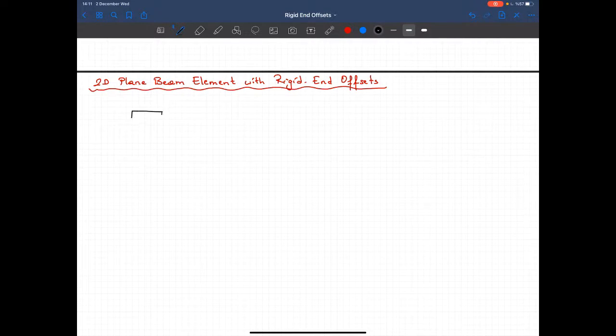So I have some portion of that new element as rigid. If it's at the start node, I will call the length bi. So at the middle I have a flexible portion, and at the end again I have a rigid portion. This is bj, and in the middle I have lf, which I call the flexible portion.